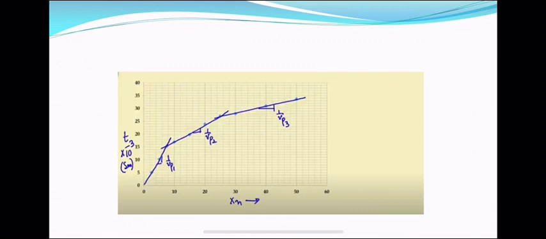Now if I look at this curve, there are different slopes, you can see that. So what is the slope? We can identify these slopes. We can identify three slopes: one is 1 by Vp1, the second is 1 by Vp2, and the third is 1 by Vp3.